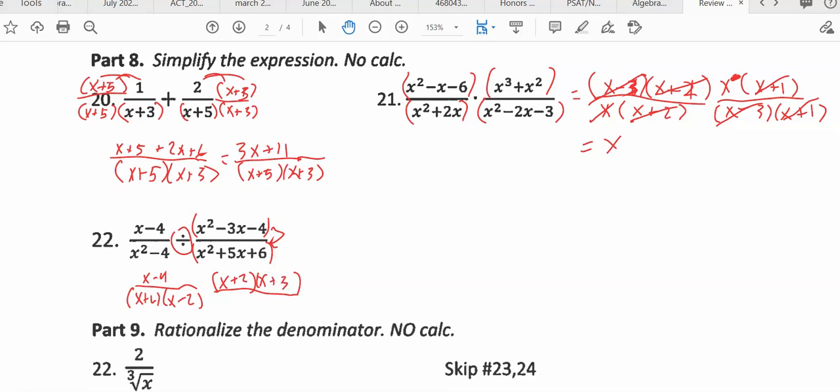Put the top one down to the bottom, so that'll be x, looks like 4 and 1, I'm guessing. The bigger number is negative, so minus 4 plus 1, I think that works. Put parentheses around that. So x minus 4 goes away, x plus 2 goes away, and I think we have x plus 3 over x minus 2 and x plus 1.